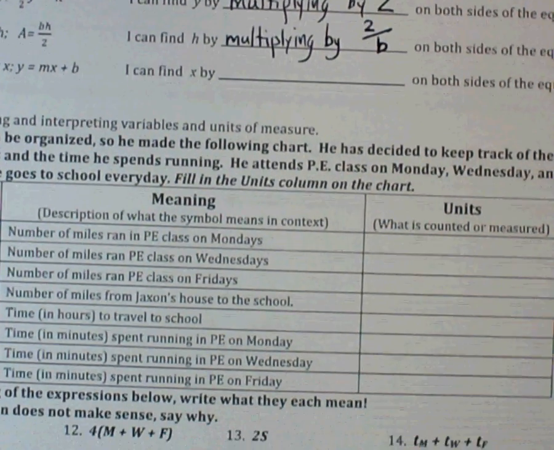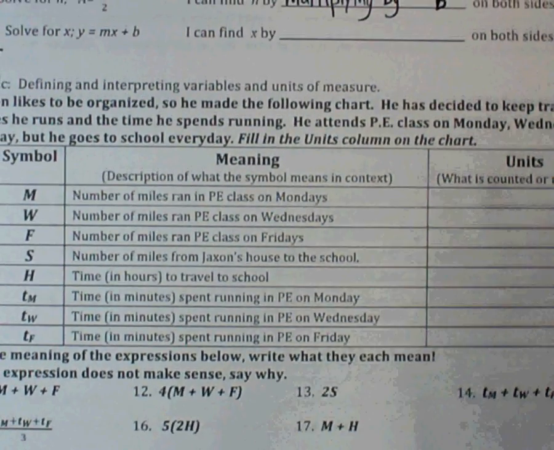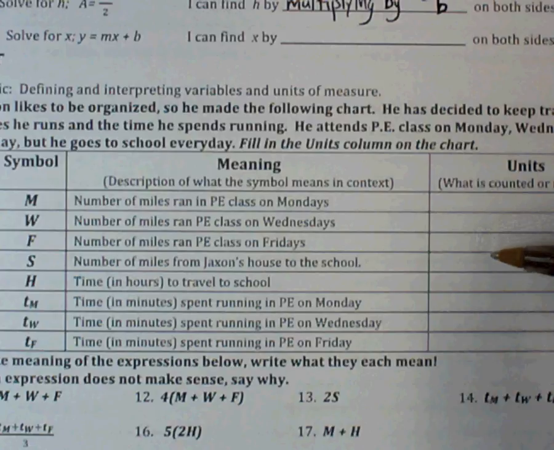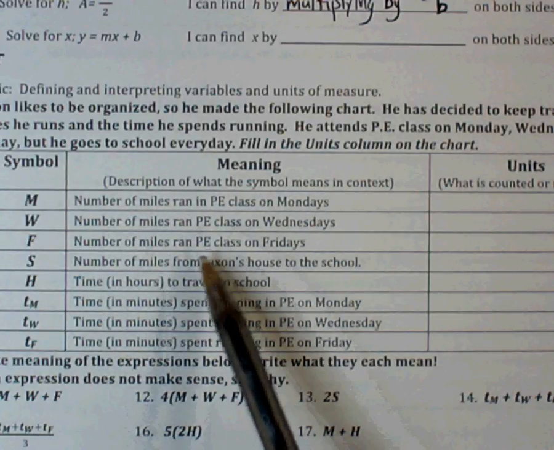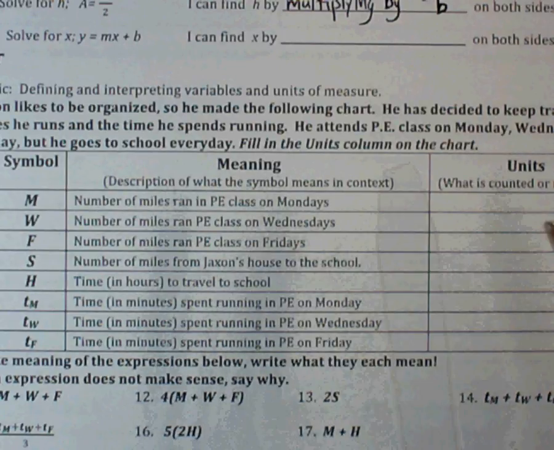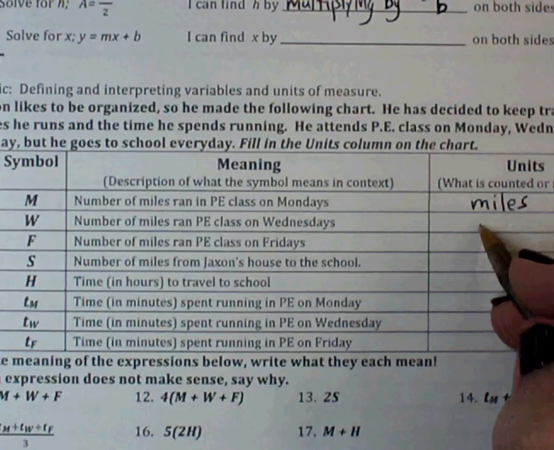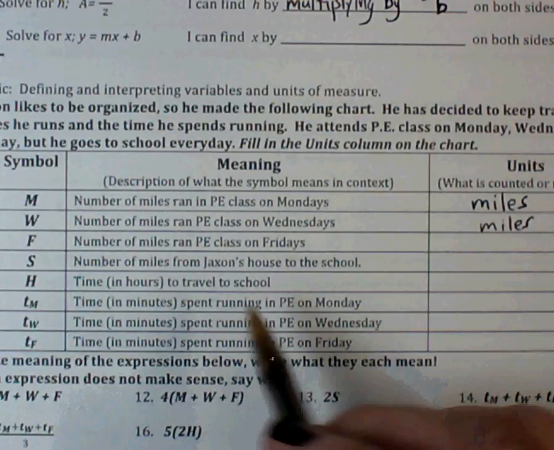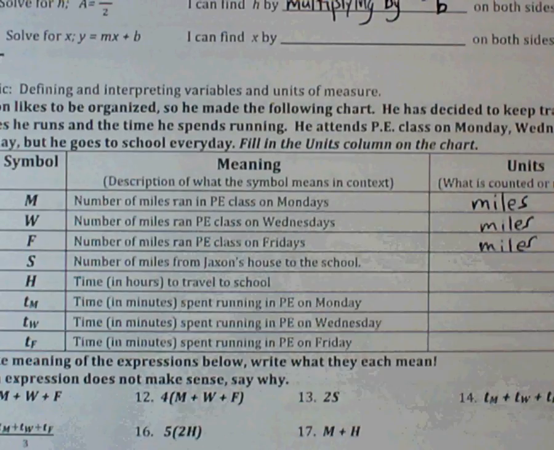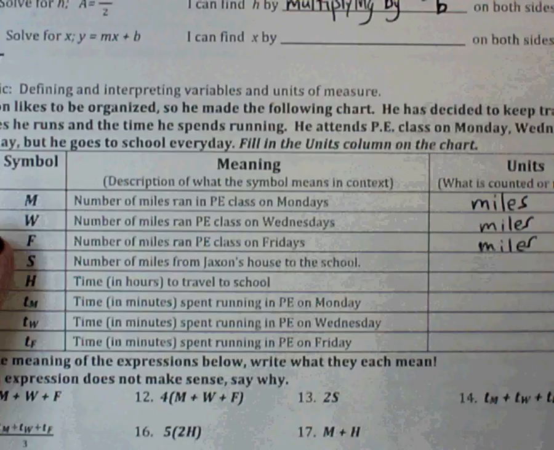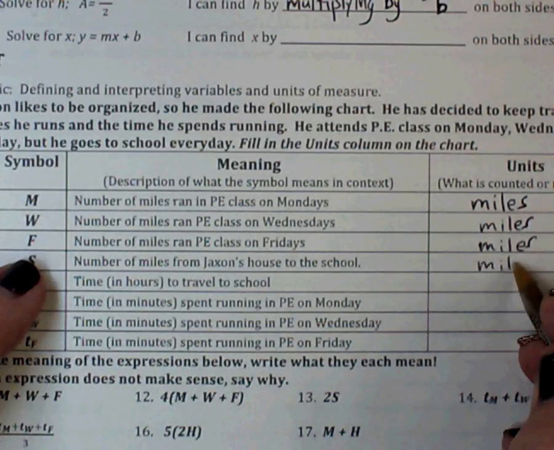Okay, down here on the set, you're just looking at the units for each thing. So at first, the units are the number of miles in different things. So miles. Number of miles. So it looks like they run on Mondays, Wednesdays, Fridays. We're going to assume that they don't run on Tuesday and Thursday. Number of miles from Jackson's house to the school, that's measured in miles.